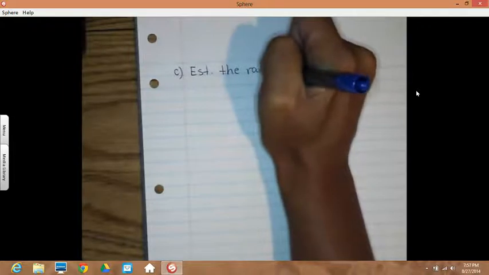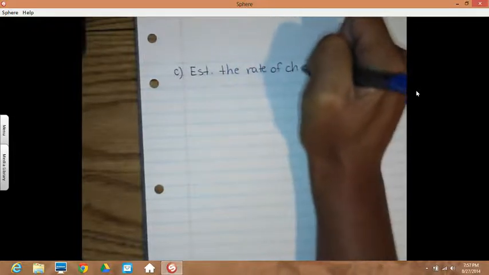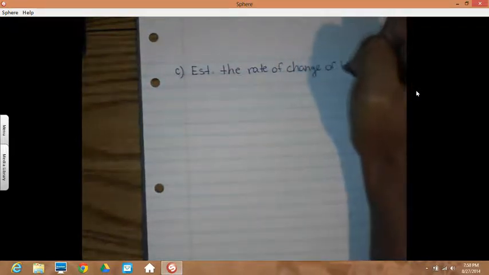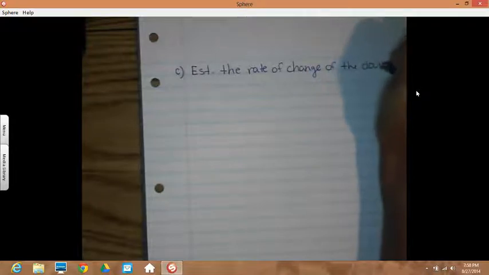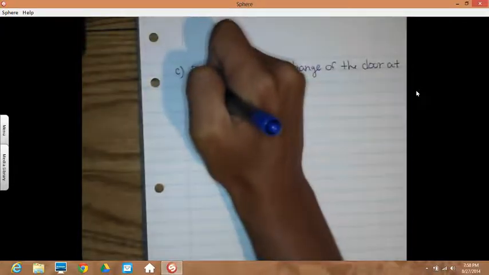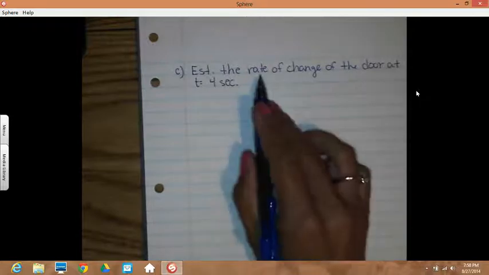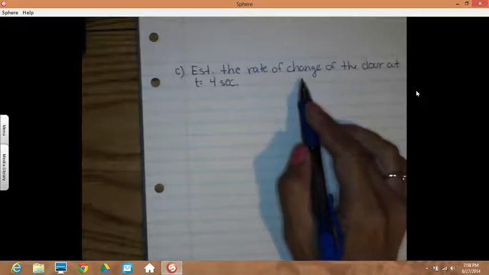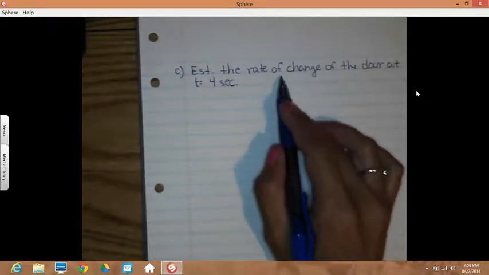Okay, part C. I would like you to estimate the rate of change of the door at time equals 4 seconds. So our rate of change, we're talking about dividing the change in the two variables. And in this case, that's going to give us a speed, how fast the door is changing. Because we're going to take the change in degrees over the change in time.